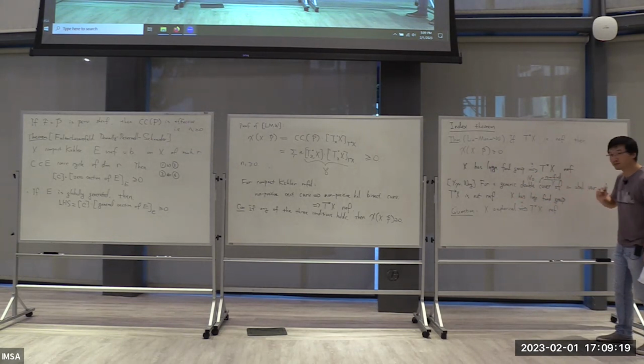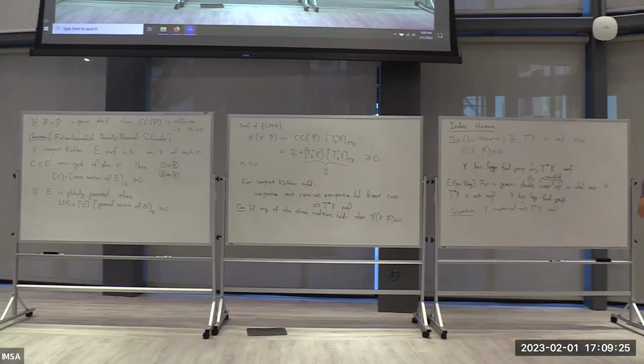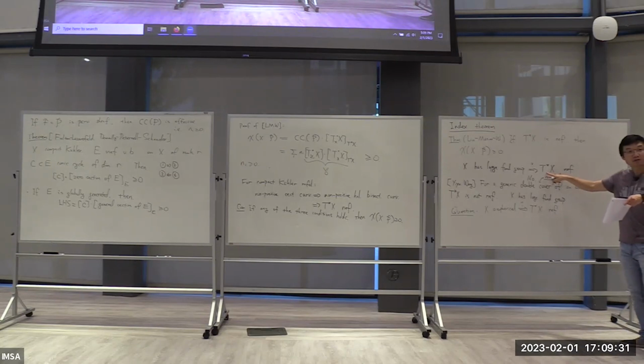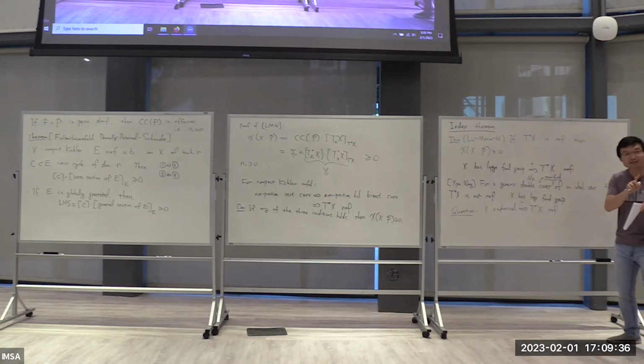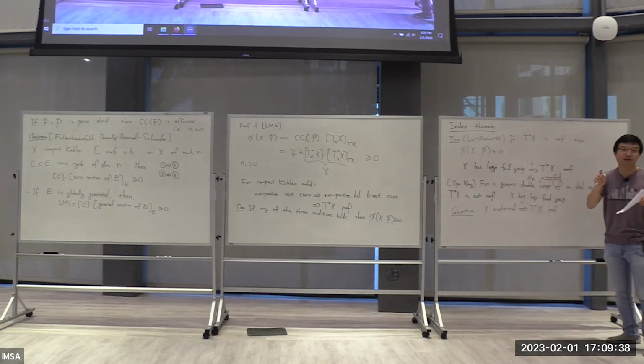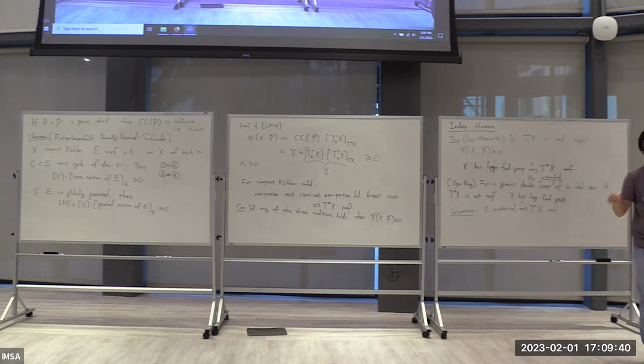Okay, so here I add the word ramified. Along that curve you have a rank 1 subsheaf of the cotangent bundle that's not nef. It's not hard. If you read the paper, it's really like one page. It's simple, but it's not something I can just write down right now.